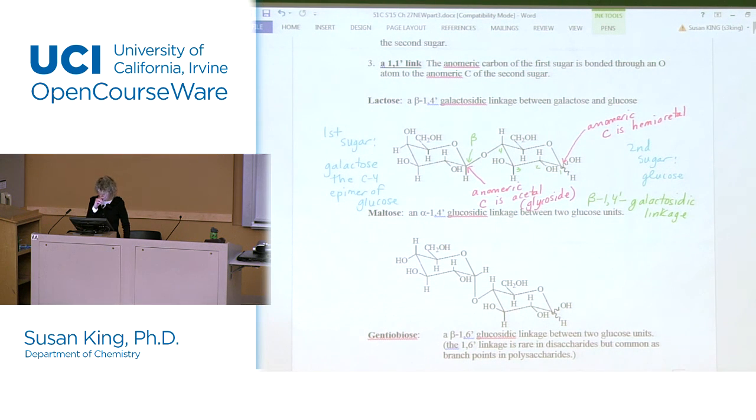So beta 1,4' galactosidic linkage. Maltose, which is a starch, is a 1,4' glucosidic linkage between 2 glucose units. So that means that the first sugar is glucose and the second sugar is glucose.